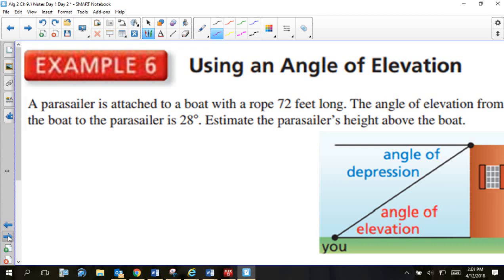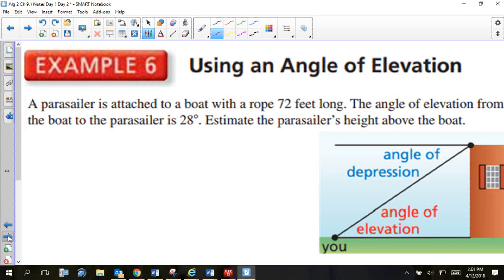Horizontal. Okay. Now, what we're going to do is we're going to make an angle of elevation. What does elevation mean? It means to go up, right? So only one arm goes up. The other arm stays horizontal.